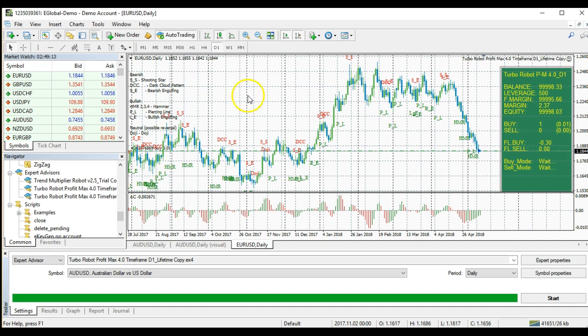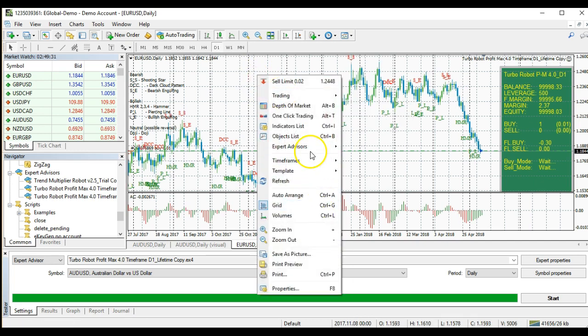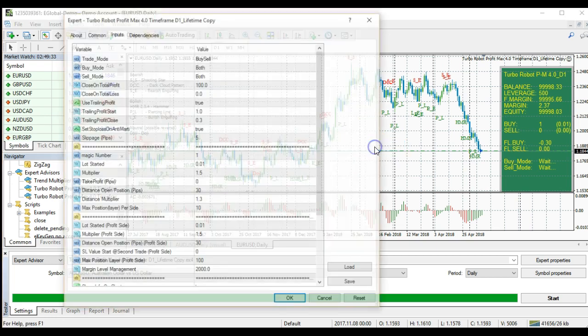First thing, you have to drag it on if you don't have it yet. You can drag it over here, then you have the settings. If you already have that particular copy, you can just right click over here. Remember, you right click and choose properties.